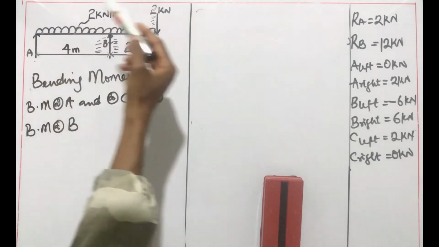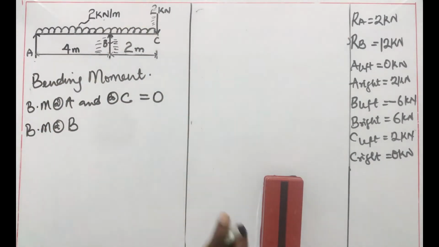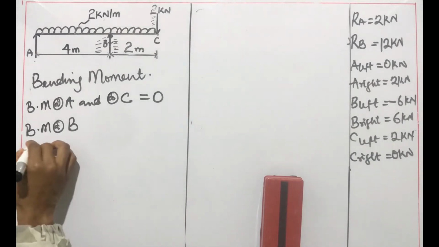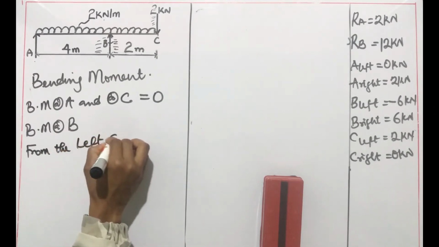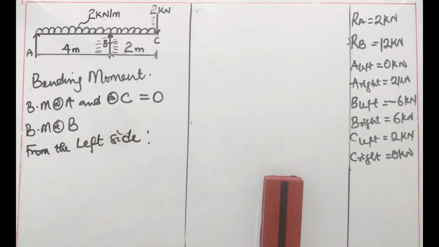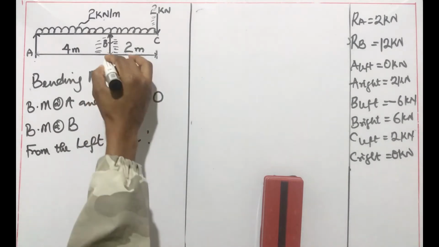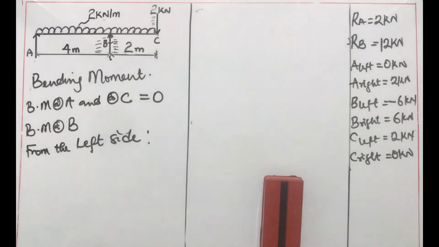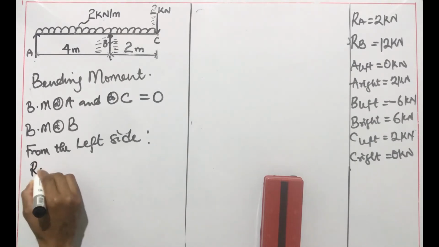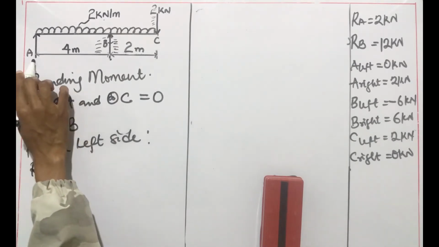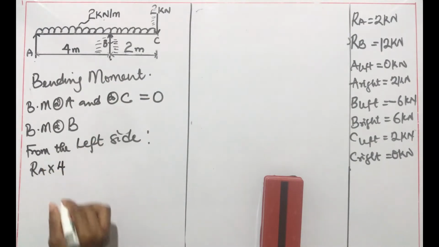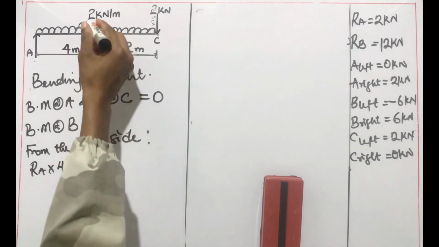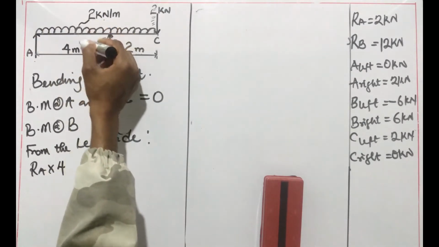We can do it in two ways, either from the left to right or from the right to left. Don't worry, I'll do both, starting from the left-hand side. To get the bending moment at B, we have RA times this distance, 4 meters, is a clockwise moment.